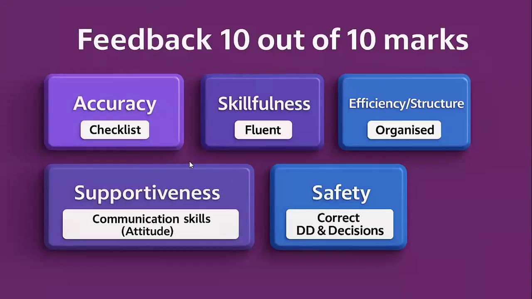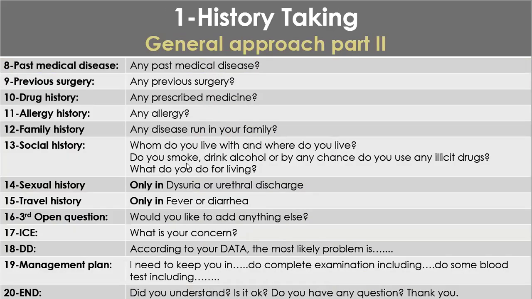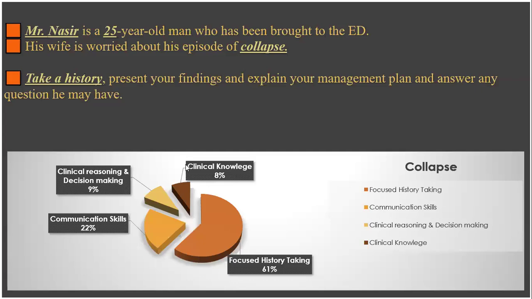Next one, Giovanna. Yes, sir. Yes, how are you? I'm good, sir. Thank you. So this patient collapsed. Collapse here could be loss of consciousness, it could be dizziness, right? Yes, sir. So you will ask the first open question, then the second open question, then you will repeat the answer of the second open question, then you will ask him, what do you mean by collapse?